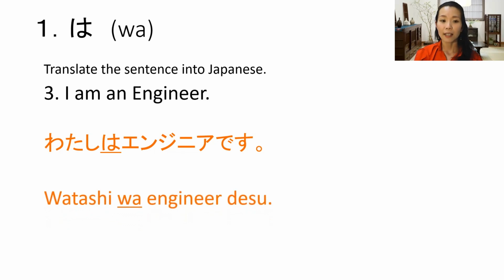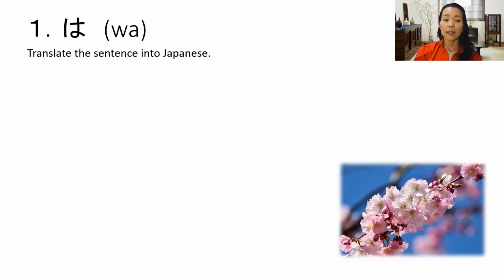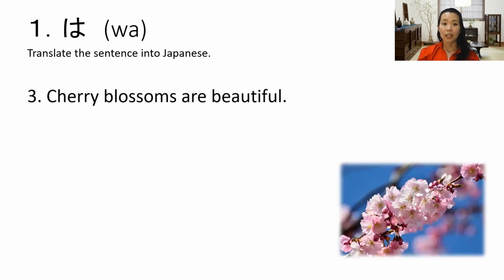私はエンジニアです。One more time. 私はエンジニアです。Engineer is written in katakana because it's originally from English. Overseas words are written in katakana characters. The next sentence is not an I sentence.